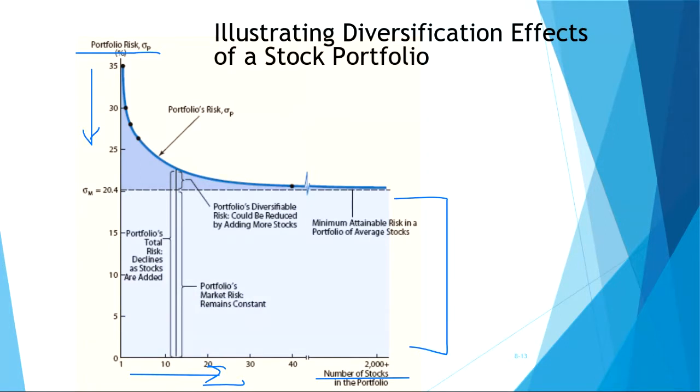You cannot eliminate that risk, which is called the market risk. And the upper part is called diversifiable risk. So our portfolio risk has two components: the market risk, non-diversifiable, and the diversifiable risk, right? You can diversify it by adding more stocks, right?